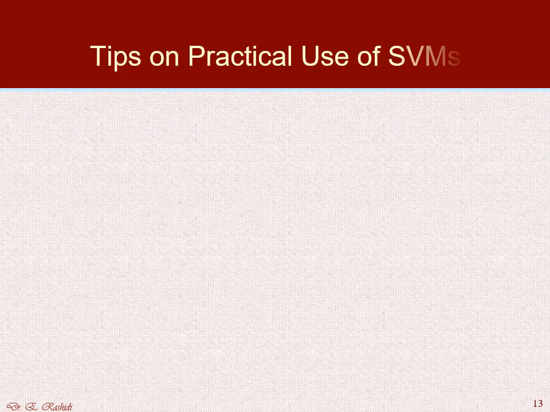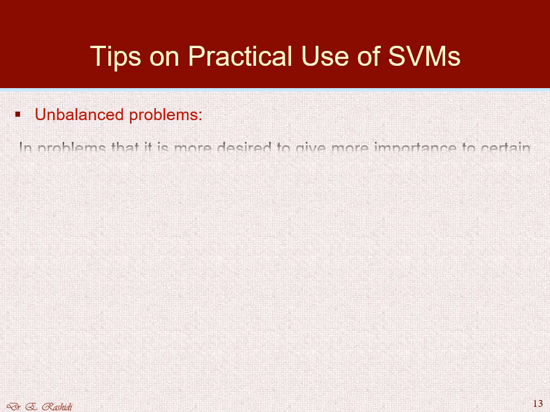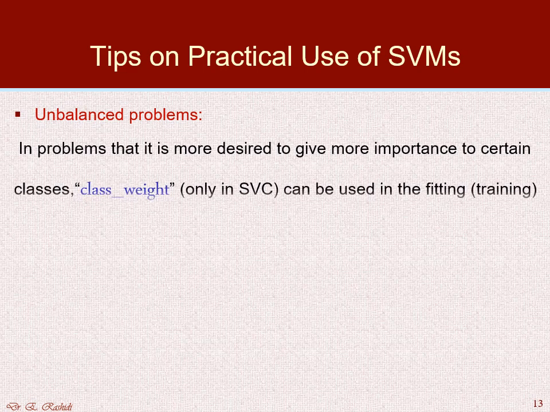Let's see more tips on practical use of SVMs. If you have unbalanced problems, that means that you have a problem where you want to put more emphasis on certain classes in your data, or certain data points or samples in your data are more special or more important. What should you do? Well, SVC actually has an option for you.